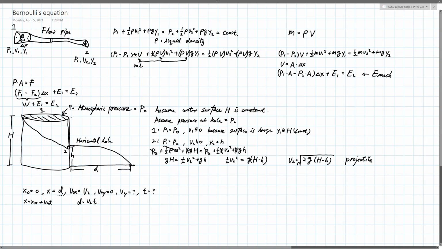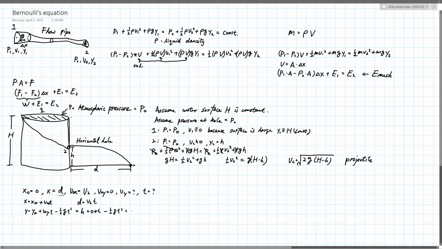Then y equals y0 plus v0y t minus 1/2 g t squared. Starting with lowercase h, initially no velocity in y, minus 1/2 g t squared, and y is also equal to 0.